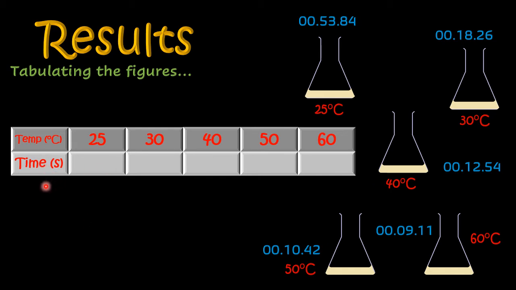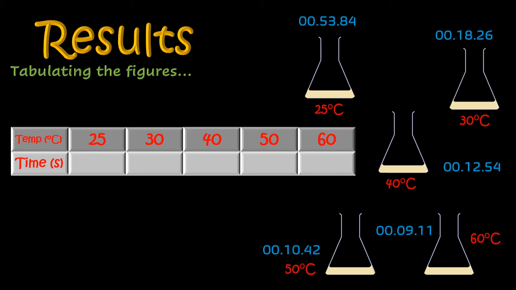Now I want us to note that the time here is in seconds. Specifically, I have given these digital stopwatch readings so that we see what is expected of us whenever we are tabulating such results.